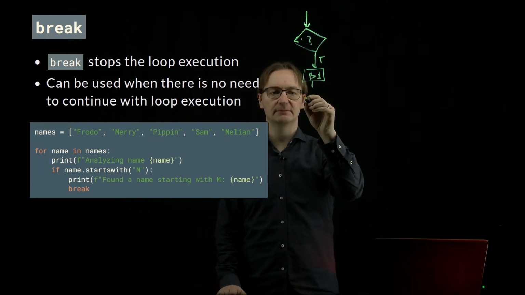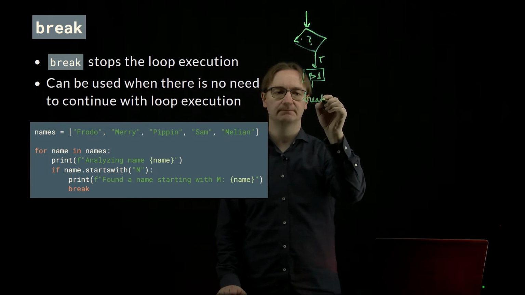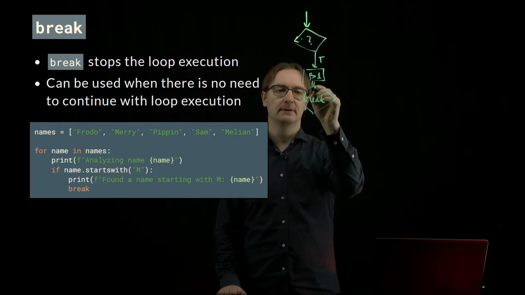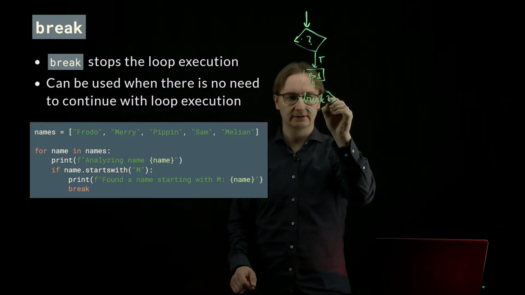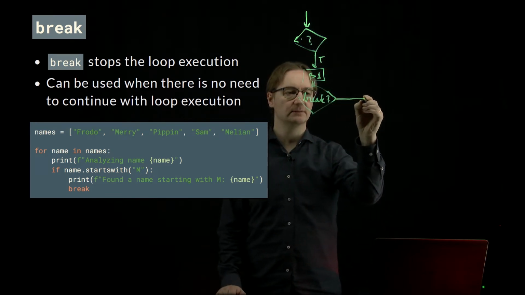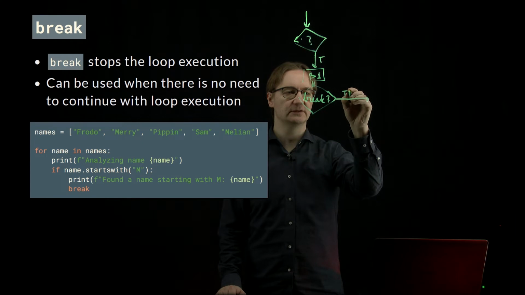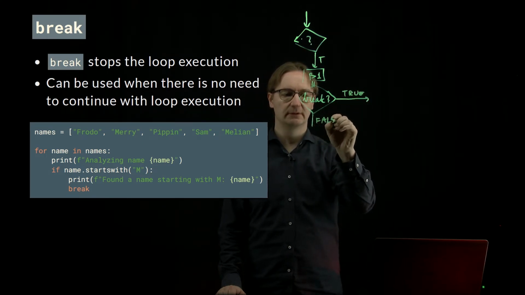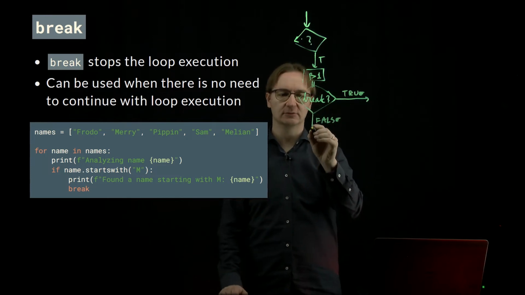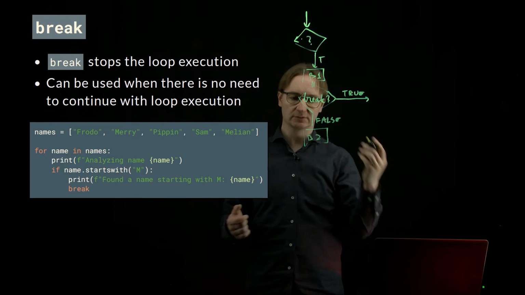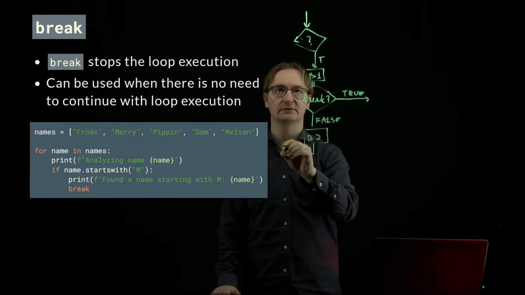And then we have a possible break. And this is like a condition. If we do have break in our code, then we get out of this loop if it's true. If it's false, we don't have break in our code, then maybe there is some other code to execute, the other part of the body.